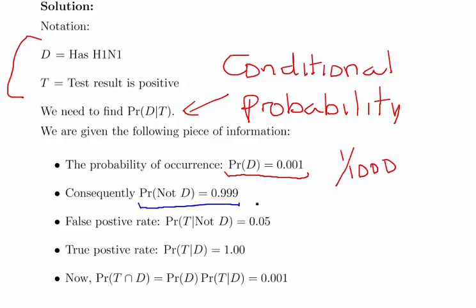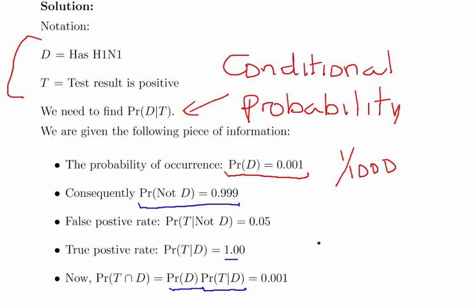If you do have the disease, the probability that you test positive given D is 1. Now the probability of T and D can be written as the probability of D times the probability of T given D.